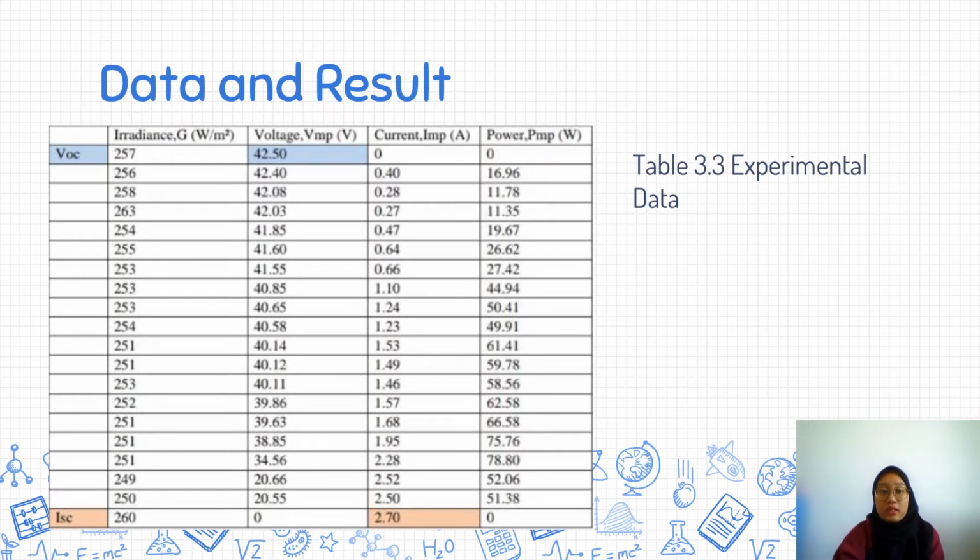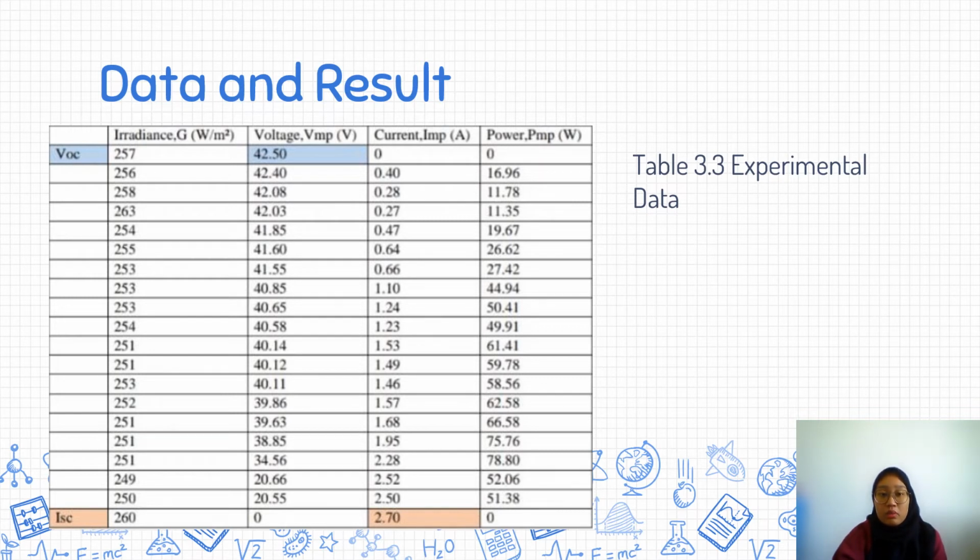For voltage, 0 volt is the lowest value obtained and 42.50 volt is the highest value. 0 ampere is the lowest value and 2.70 ampere is the highest value obtained for current. Value recorded for power is 0 watt as the lowest value and 78.80 watt as the highest value.